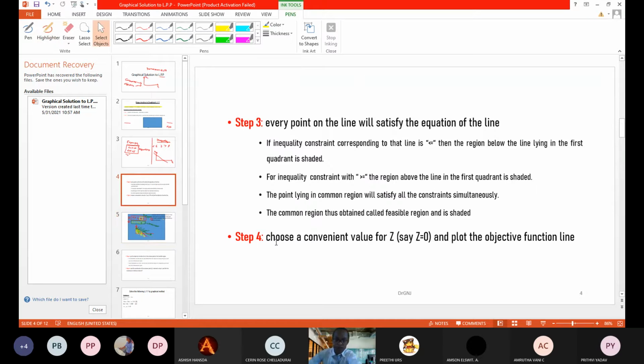Now, step number 4. Choose a convenient value for z, say z is equal to 0, and plot the objective function line.